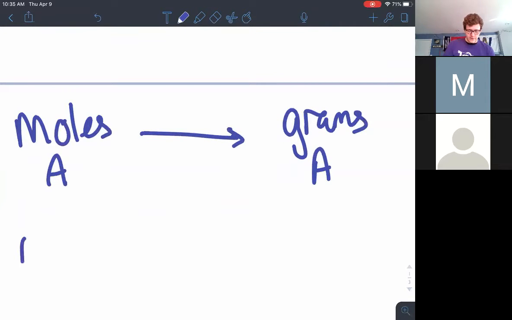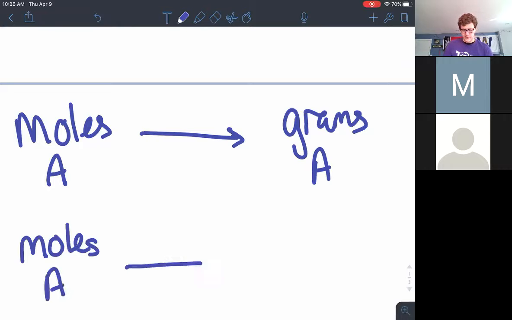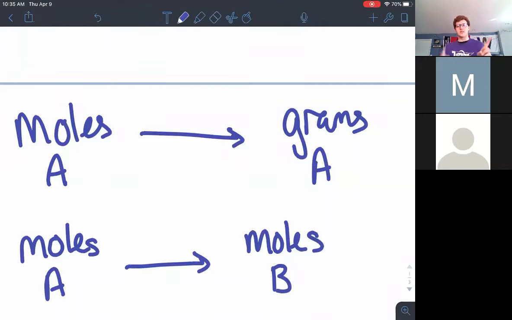And we talked about going from moles of one compound to moles of a different compound, the mole ratio.